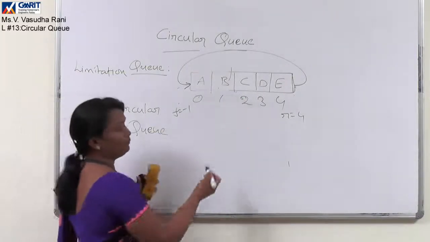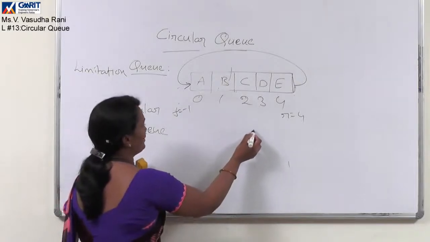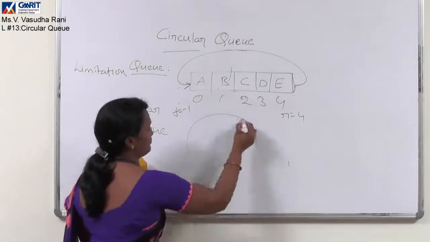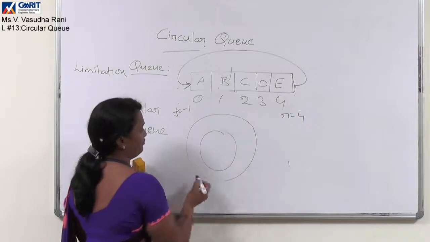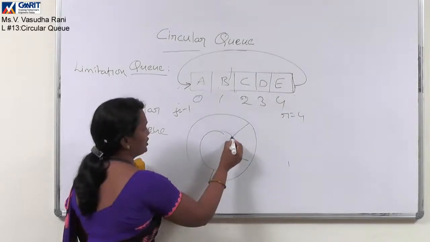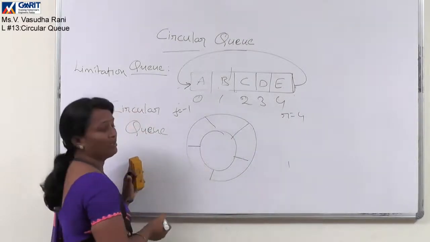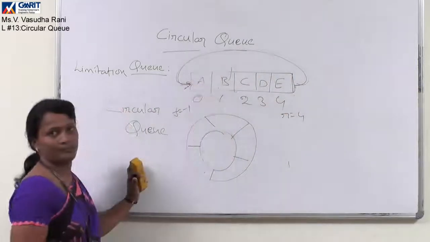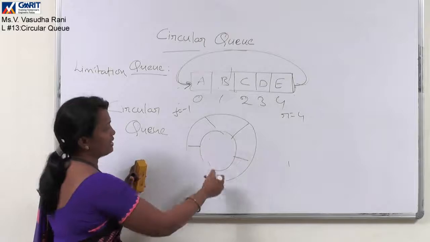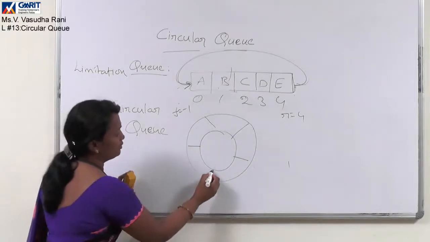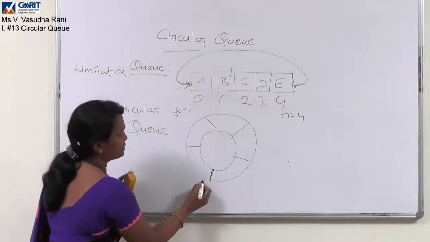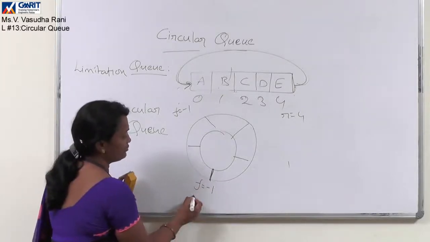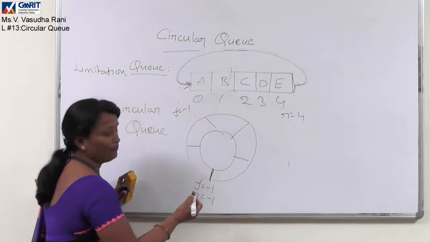So the same thing we can have in a circular fashion like this, with 5 locations, but the rear and front ends are joined. Okay, so this is our circular queue. Initially, if we assume that this is our initial position, our front is -1 and rear is -1.